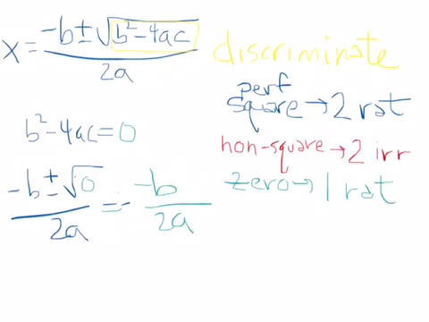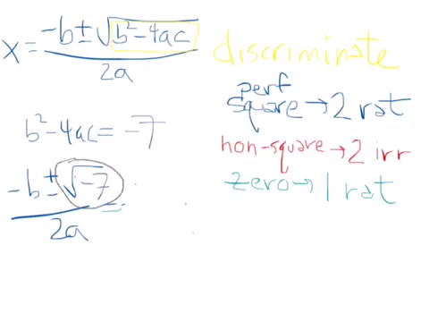And then there's just one other case that I want to talk about. We've already done perfect squares, positive numbers. We've already done non-squares, positive numbers. We've already done 0. So what if it ends up being negative? What if it ends up being something like negative 7? So square root of negative 7.